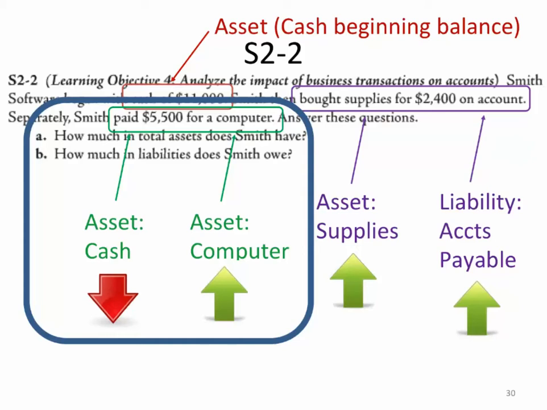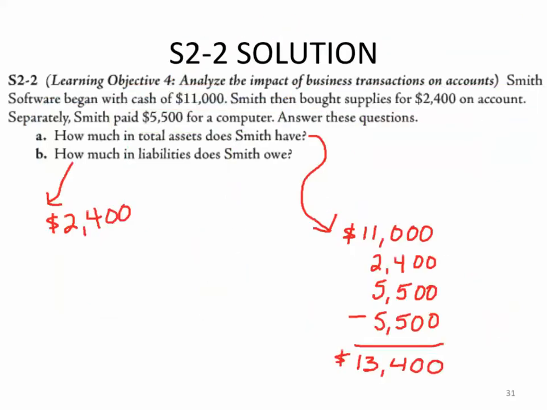We have a $5,500 decrease in cash for the computer, and a $5,500 increase for the computer. So for total assets, we have $11,000 plus the $2,400 supplies plus the $5,500 computer minus the $5,500 cash, for total assets of $13,400.